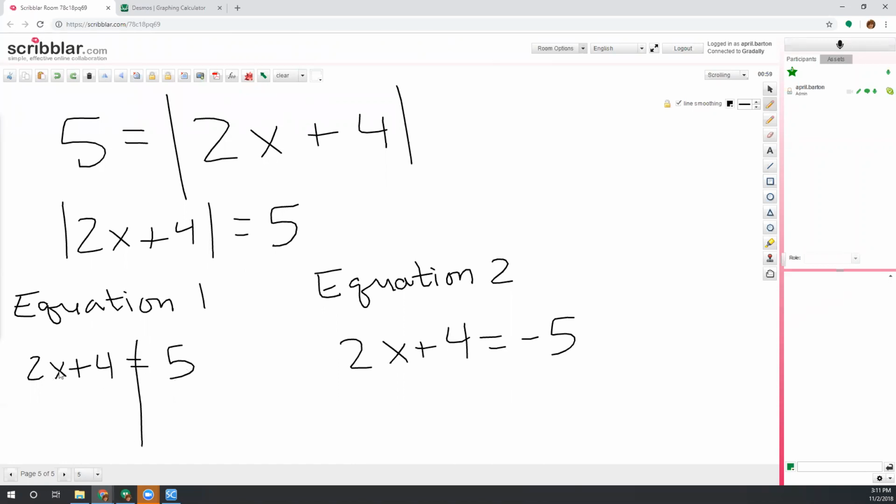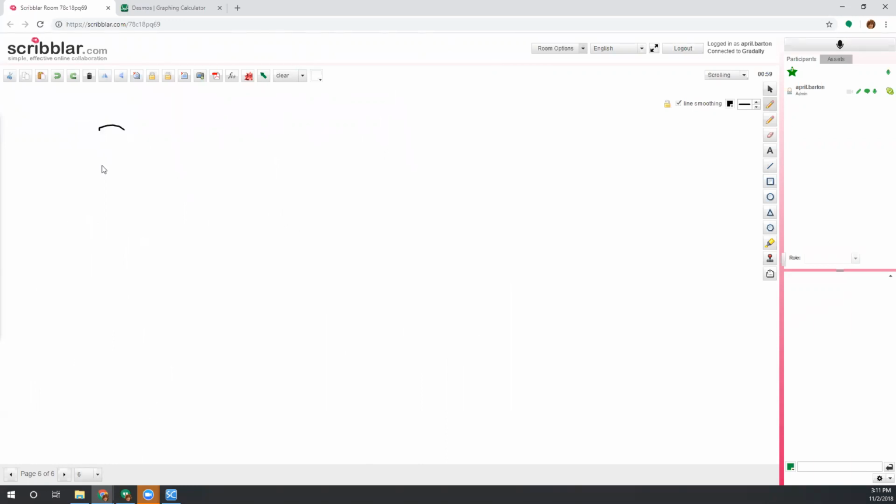doing our opposites. So what opposites should we do for equation 1? I'm stuck. Okay, if I just gave you the equation 2x plus 4 equals 5, nothing else involved, no absolute value, nothing else on the screen.